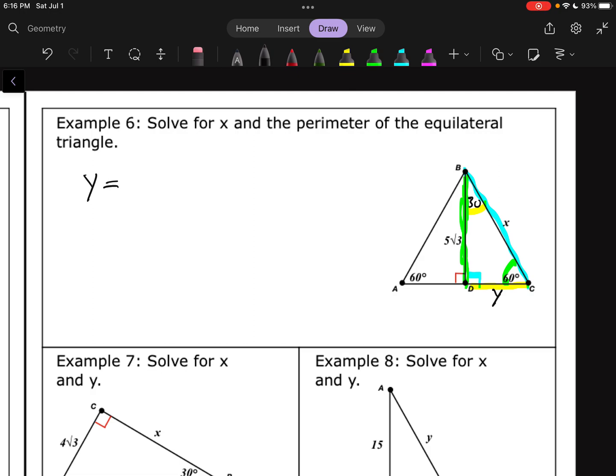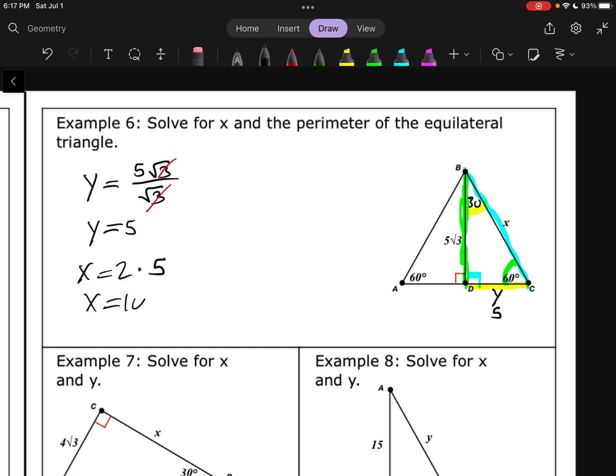Y should be 5 root 3 divided by root 3. Because 5 root 3 is the long leg, and I want to know the short leg. So I do the long leg divided by root 3. Root 3 divided by root 3 would be 5. So this is 5. And if that's 5, then the hypotenuse, X, should be 2 times the short leg, 2 times 5.